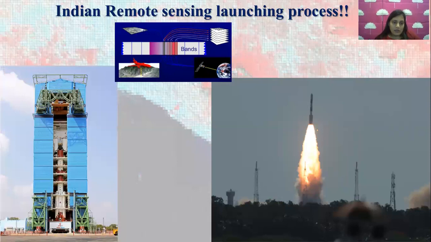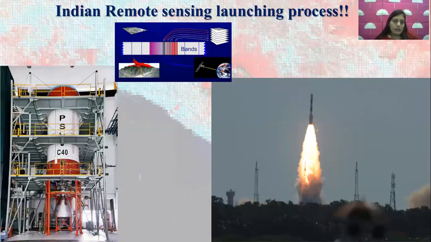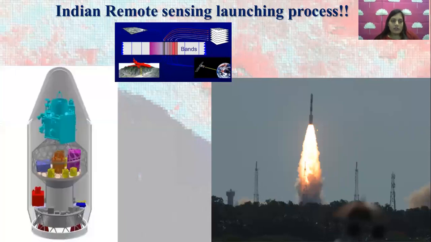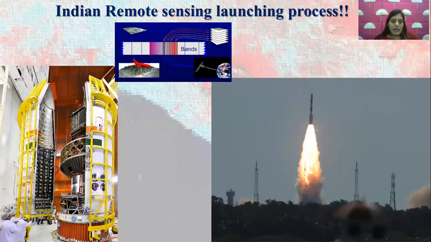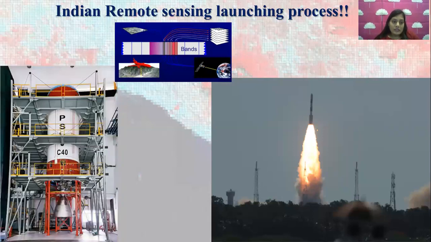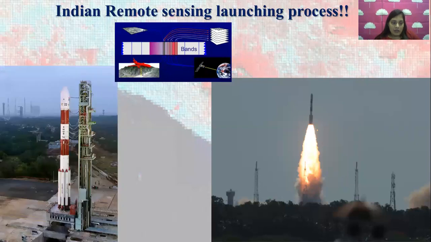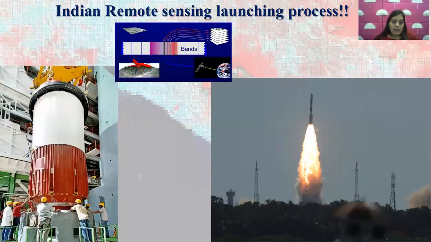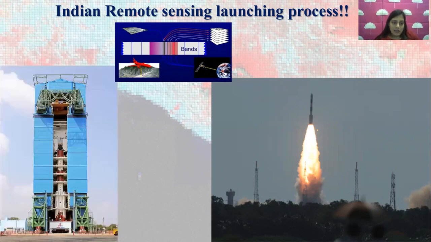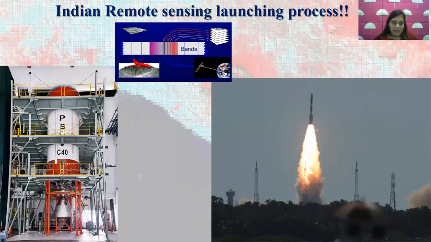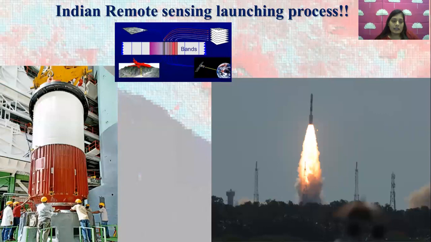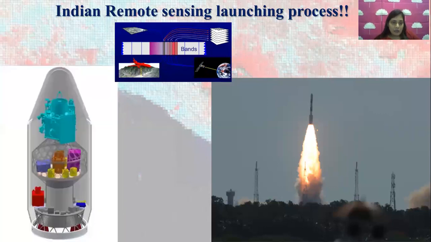When we send it to the orbit, to space, and capture the information of Earth features, it gives us the exact features present on the ground from so far away, because there is physics behind it: the rays we send through the sensor in the satellite capture the exact information, and we get the perfect location.